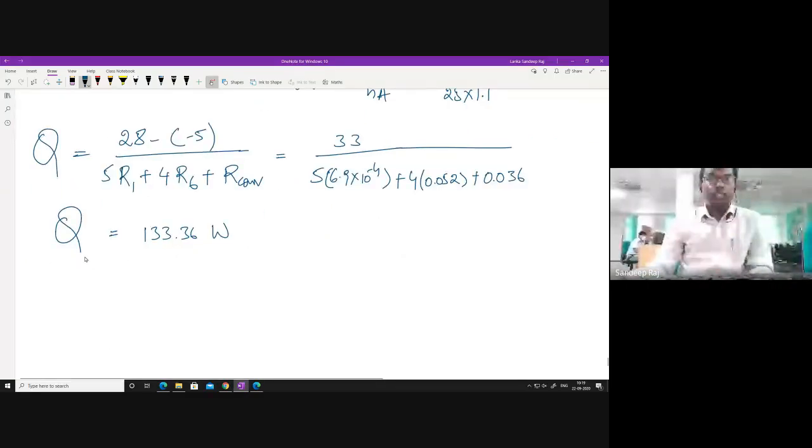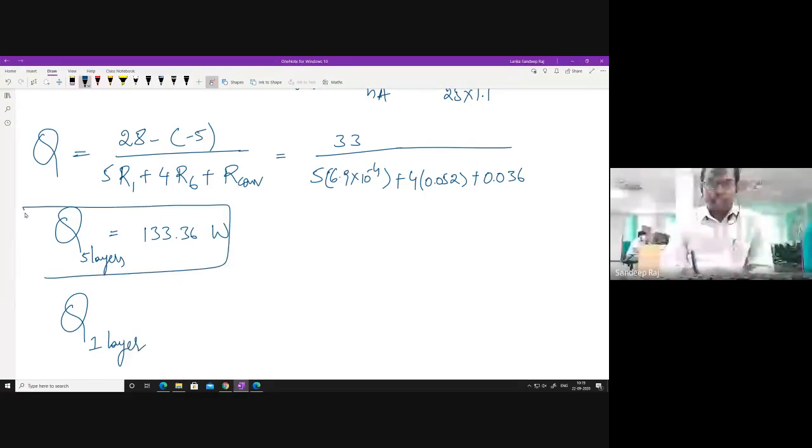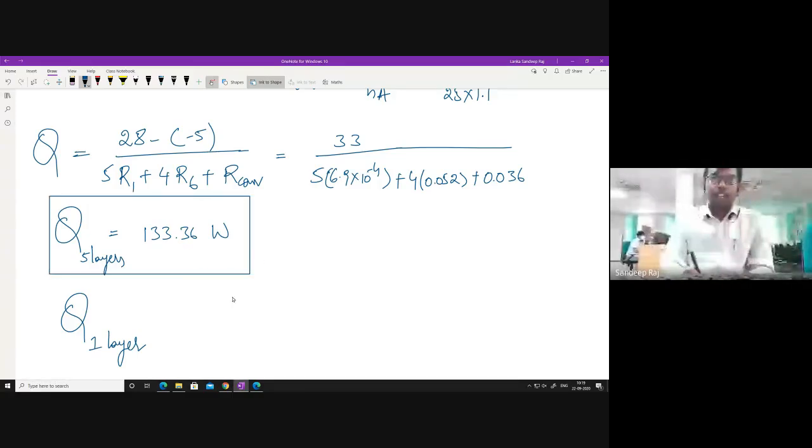Okay. Now, whatever Q you have found is the Q value for 5 layers. Now, let me find the Q for one layer. With this, you are done with your question. But I would like to give some insight into it. For that reason, I'm going into a concept here.